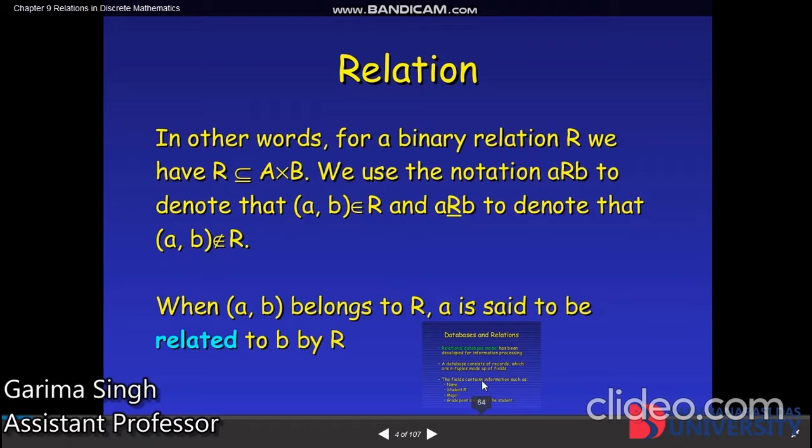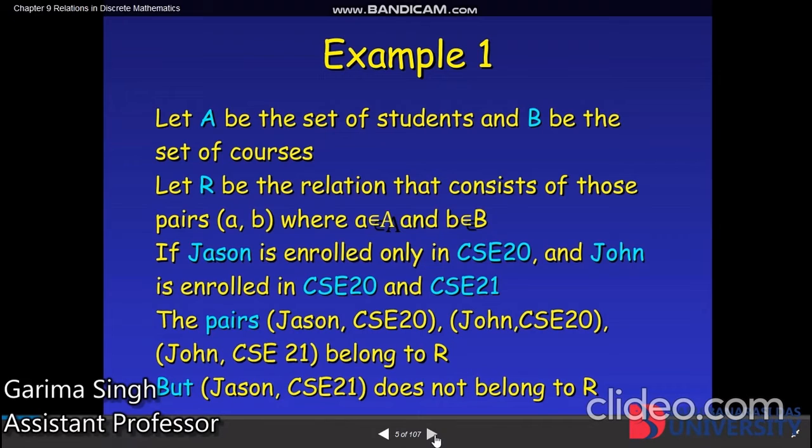If you have to represent that a particular pair belongs to the relation, you write it like this. And if you want to represent that a pair from the Cartesian product does not belong to the relation, you write it like this. When (a, b) belongs to R, we can say that a is related to b by the relation R.